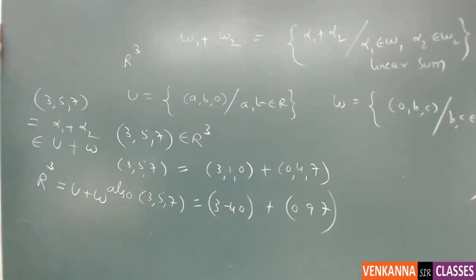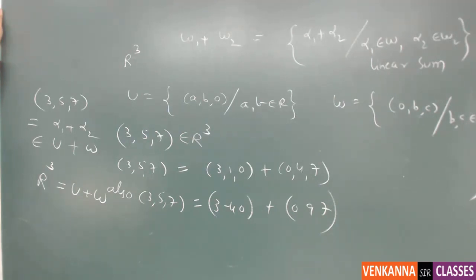So not only the xy and yz planes, you can take other possible cases also. You can write R cube as a sum of other planes also. It is also possible. So what I am saying is, you are just partitioning the vector space.